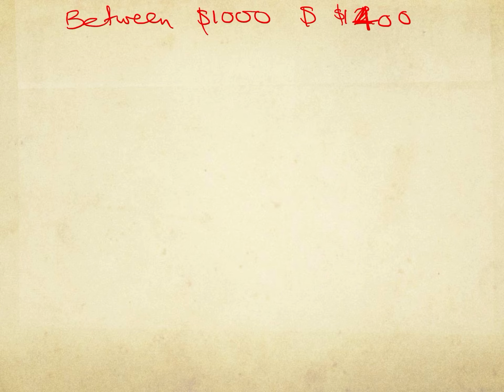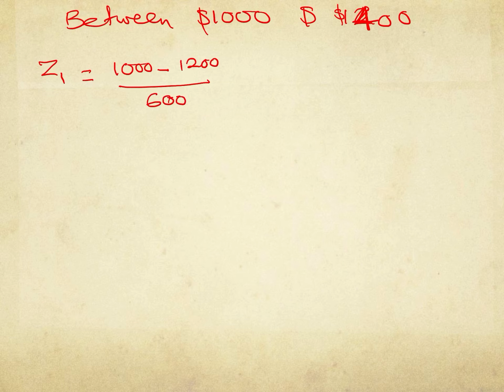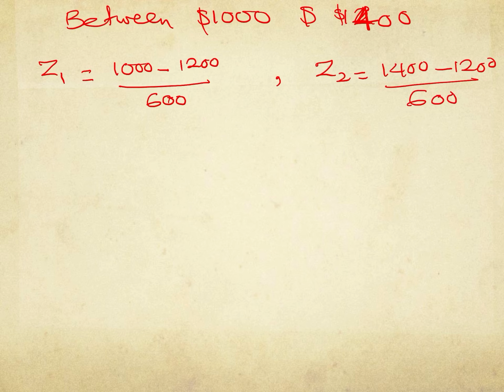So remember, you calculate the Z values. So Z1 will be similarly as we did here. So it will be 1,000 minus the mean 1,200 divided by the standard deviation. And then for the other one, Z2 will be 1,400 minus 1,200 divided by 600.